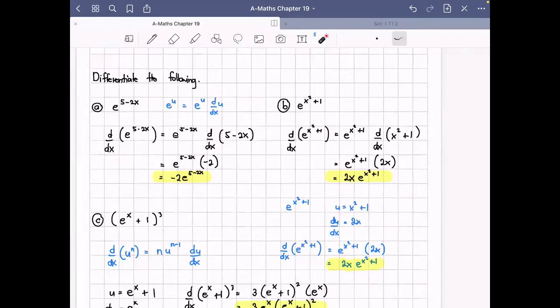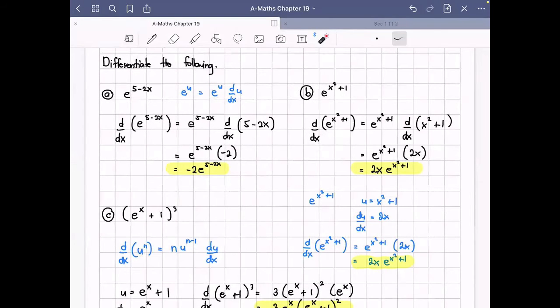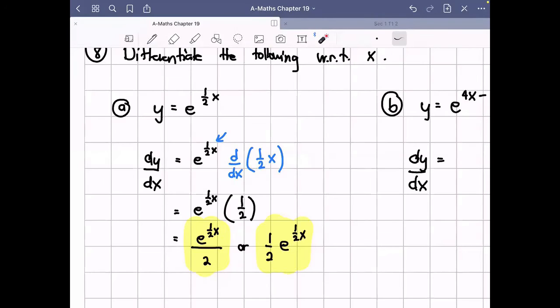Can you please go to page 412, class? For letter A, you're given e raised to half of x. The derivative of this is the same thing times the derivative of the exponent, which is 1/2 x.